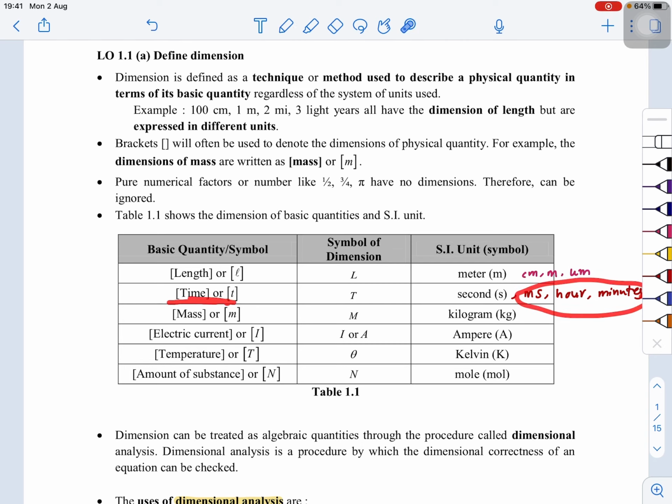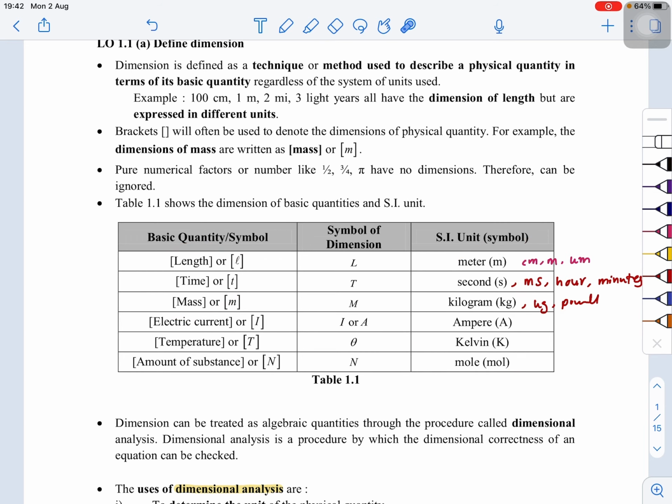So mass ni, dia punya unit can be what I have just explained, kg, pound. Okay, ni adalah unit yang kita gunakan lah, bukan SI. SI unit is this one. So SI unit we always refer to this one, but these are all the units that we can use for this quantity, basic quantity.